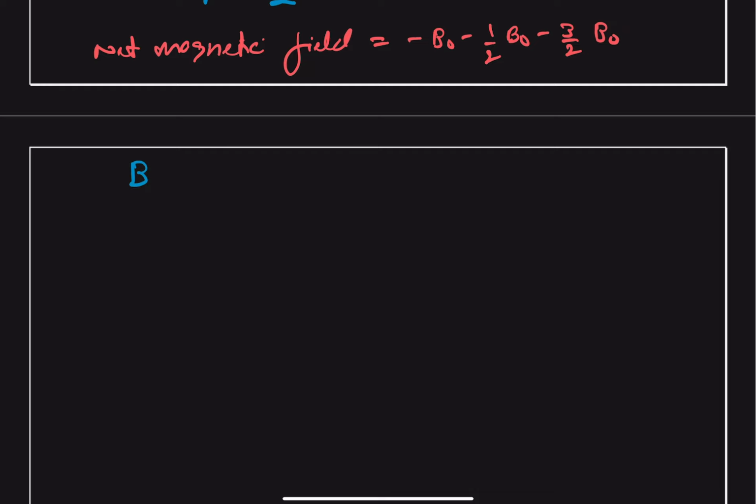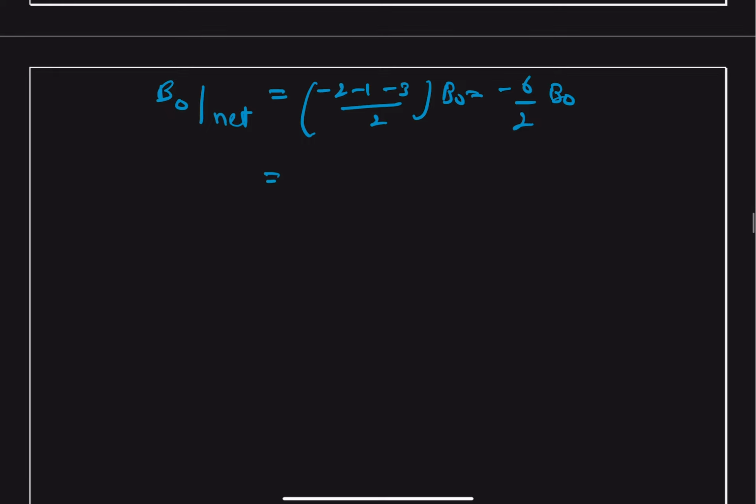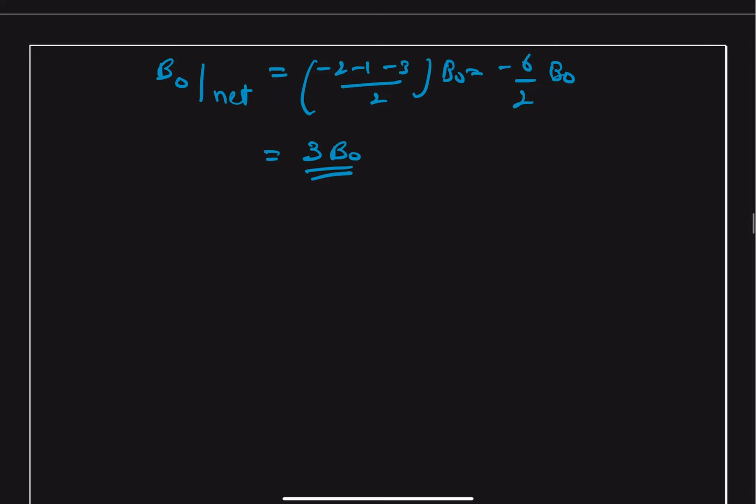So B naught net will be equal to minus 2 minus 1 and minus 3, divided by 2, times B naught, and this comes to minus 6 by 2 B naught, and the magnitude will be equal to 3 times B naught. So this is the magnetic field at point R because of all the 3 rods.